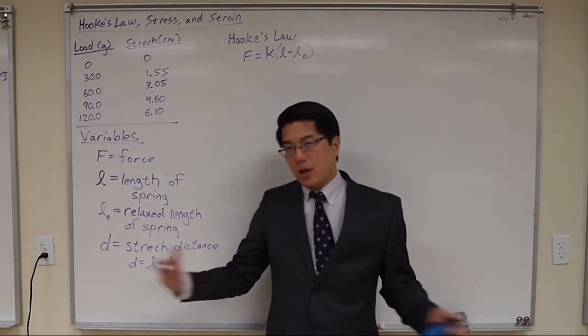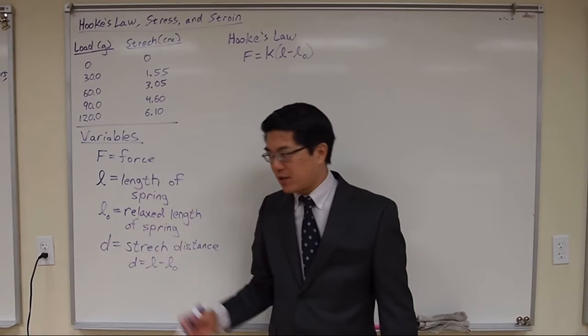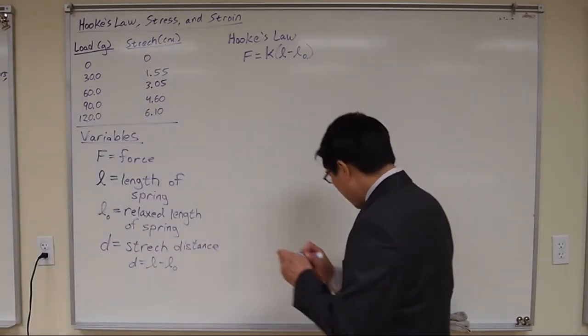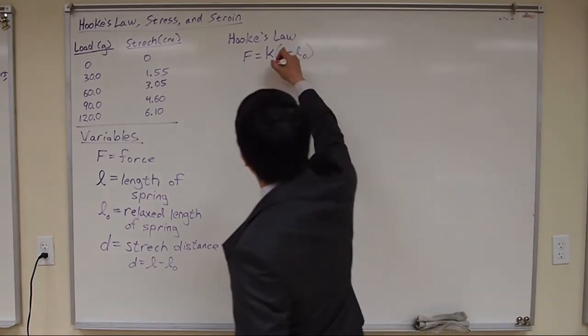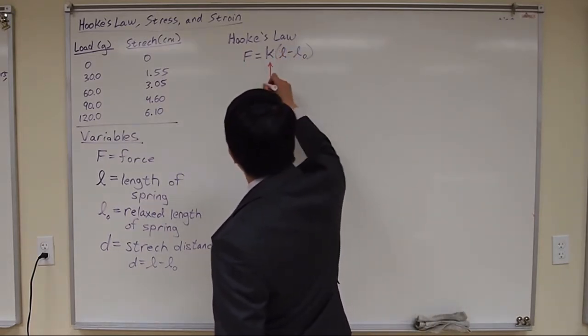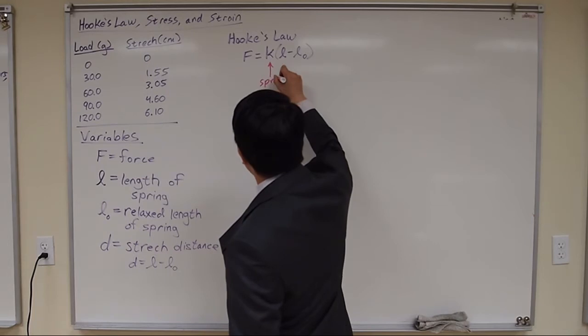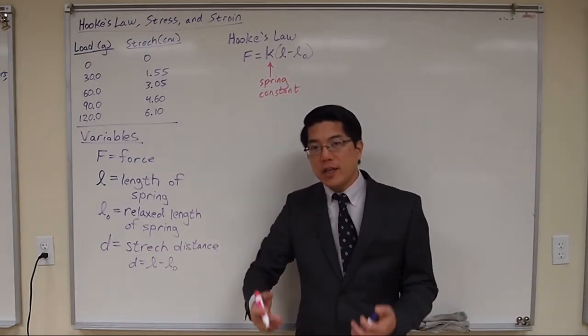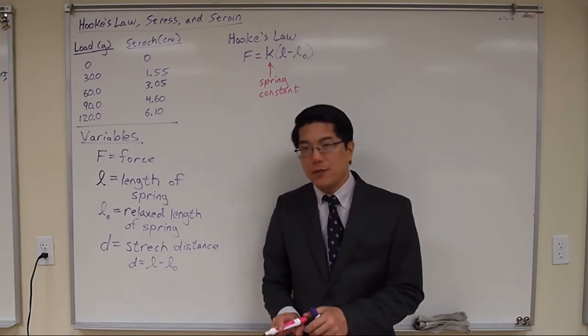And, okay, so I'm throwing one more thing in that's not on the list of variables. This quantity, k, is called the spring constant. And the spring constant is a measurement of how stiff the spring is.